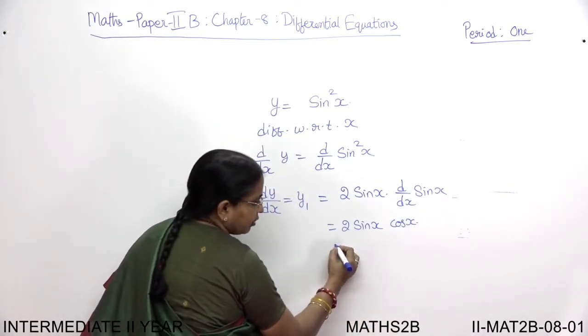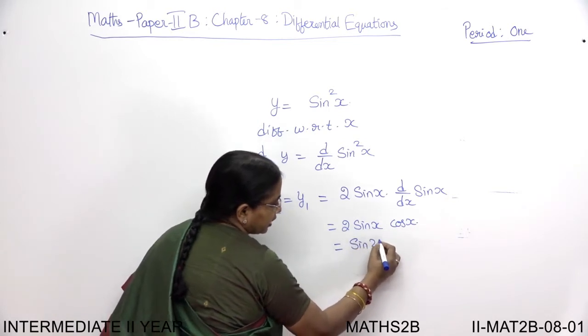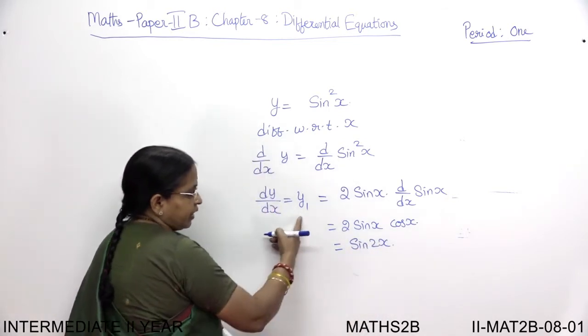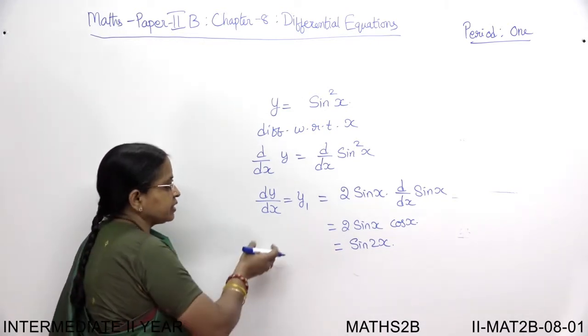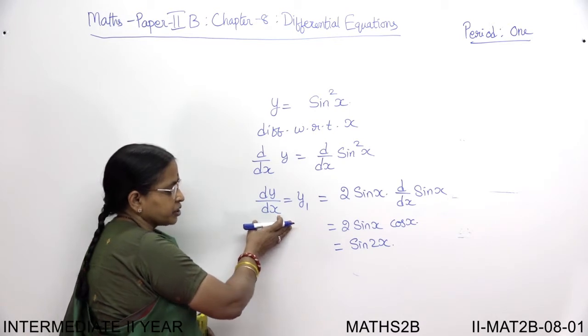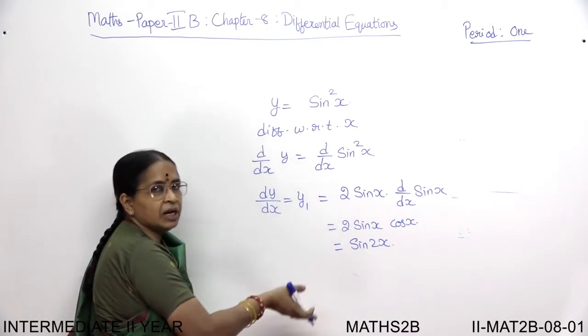So you can also write this 2 sin x cos x as sine 2x. So this is y1. Now again differentiate this. Successive differentiation means first time you differentiate, and after getting the first derivative, you again differentiate that.